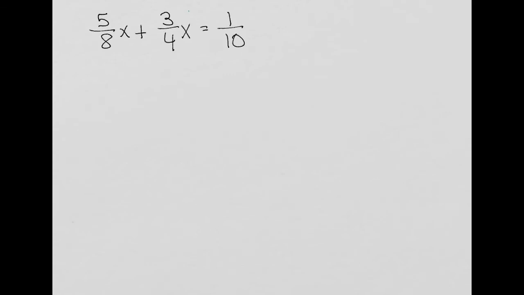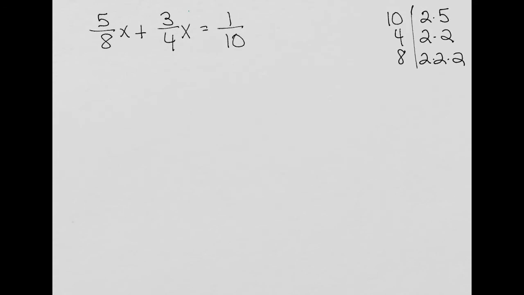So again, I'm looking for a common denominator between 10, 4, and 8, and you might be able to look at it and come up with a common denominator. If you can't, I'm just reminding you, this is from finding the least common multiple. The prime factorization for 10 is 2 times 5, for 4 is 2 times 2, and for 8 is 2 times 2 times 2.